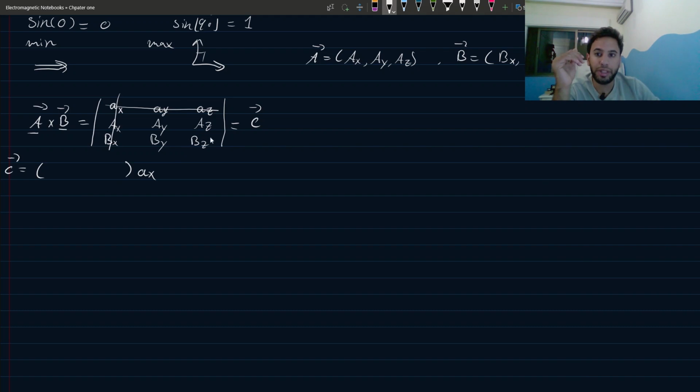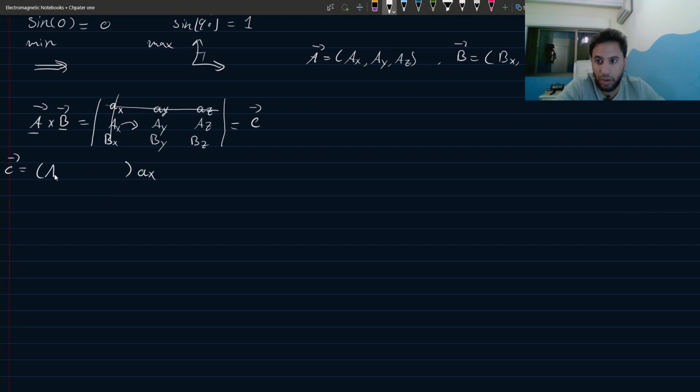What we're left with is these four components. We go from left to the right of the vertical line. What comes after the cross is ay.